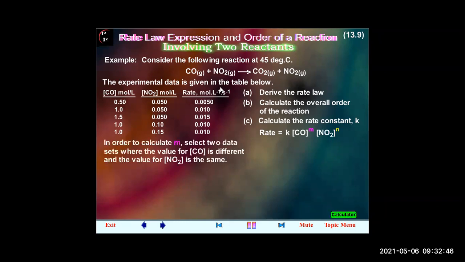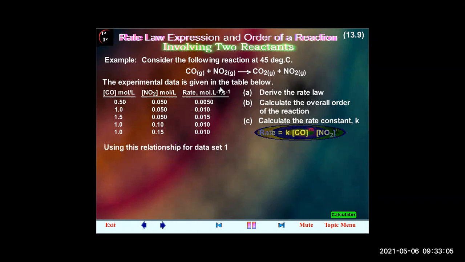In order to calculate m, select two data sets where the value for concentration of CO is different and the value for concentration of NO2 is the same. From the data given, one could select data sets 1 and 2.